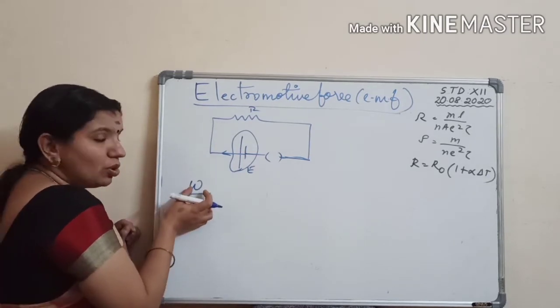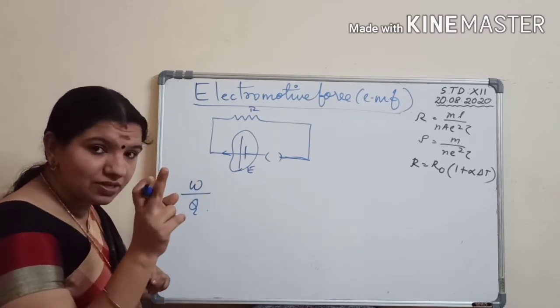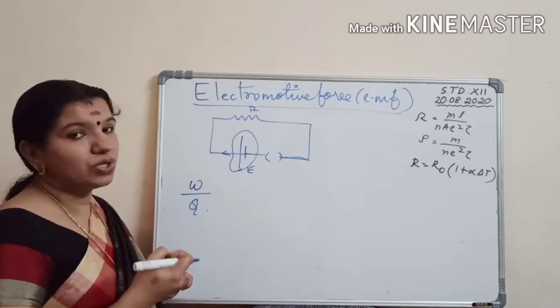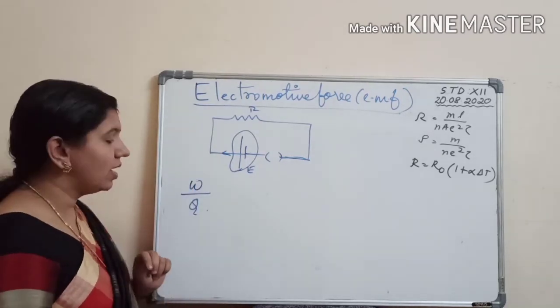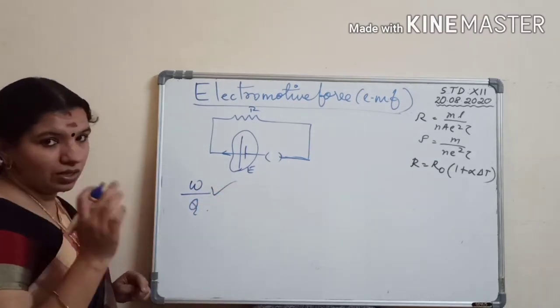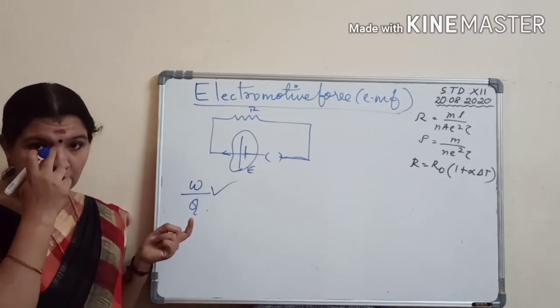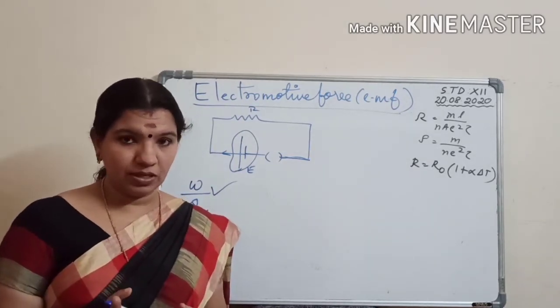That is, electromotive force is the potential difference between the terminals of a cell, but the cell should be in open circuit, with no current drawn from it. In such a case, I is equal to 0. So W by Q is the equation for electromotive force, the work done to move a charge along the circuit when the circuit is open. That is the condition. Understand?